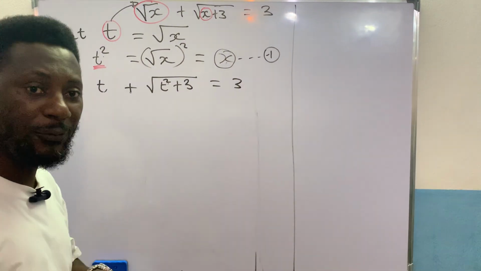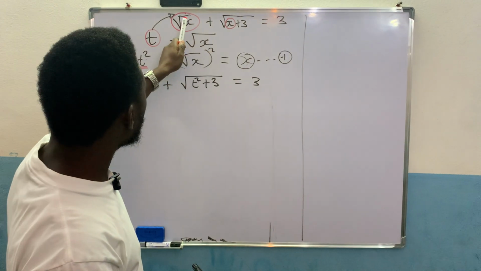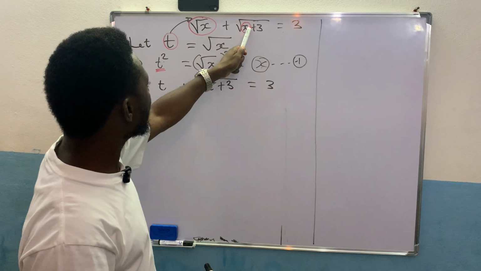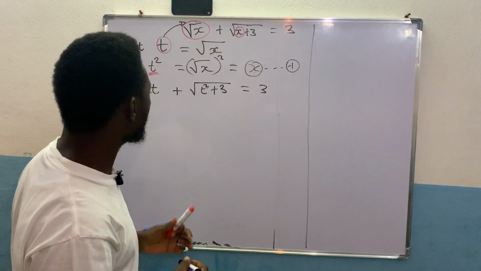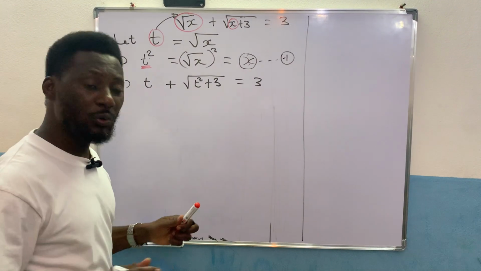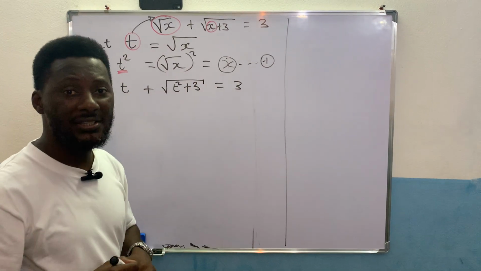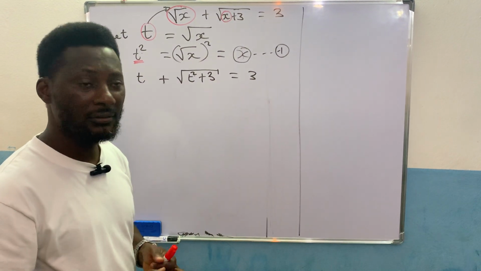If you look carefully, you discover that the root x has been replaced by t, and the x has been replaced by t squared. Like I said, when you see equations involving radicals like this, the objective is to eliminate the radical.